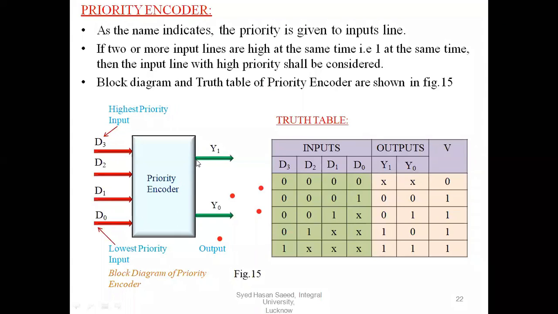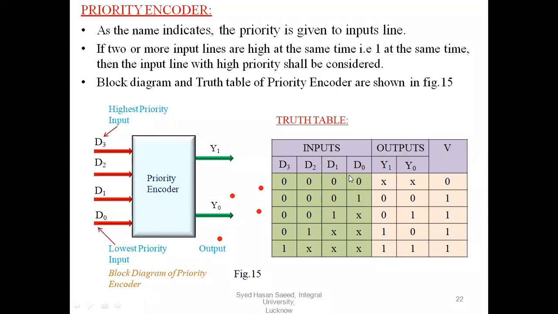And it will produce 2 outputs, Y0 and Y1. D3 is the highest priority and D0 is the lowest priority input. So this is the truth table for that priority encoder.